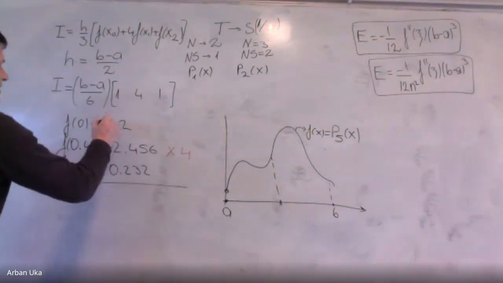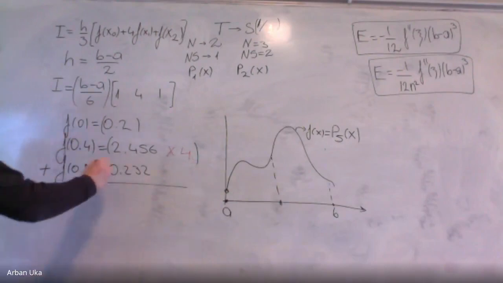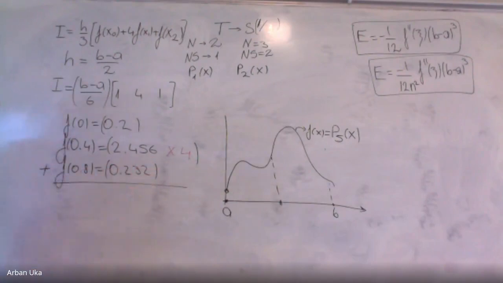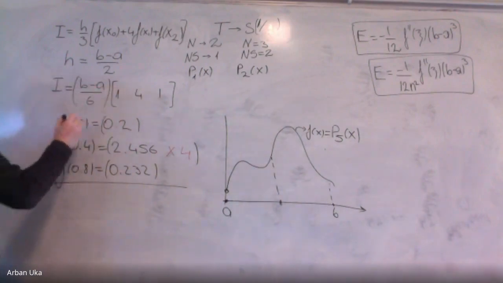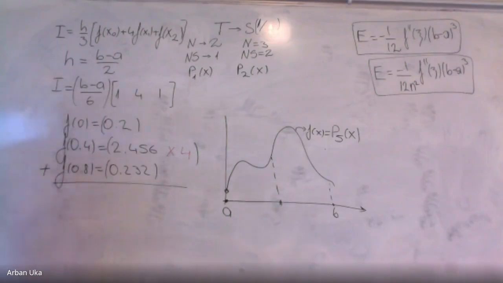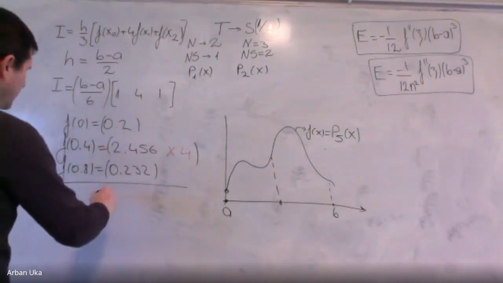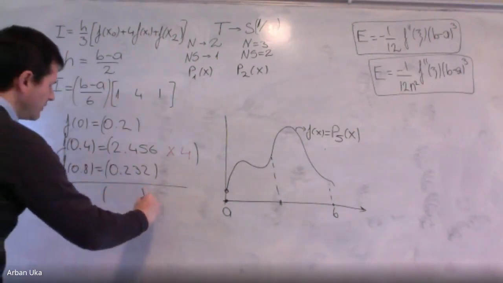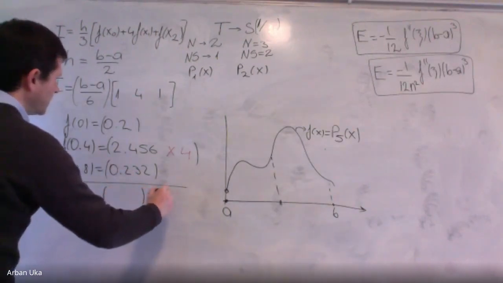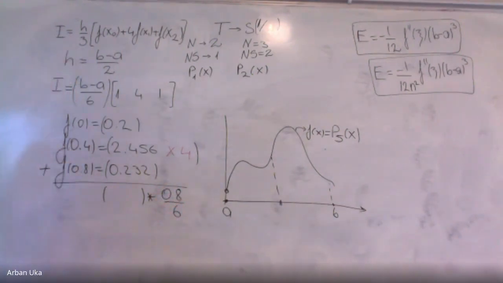So we have this 0.2 plus 2.456 times 4 plus this, and once we find the summation, we multiply with b minus a divided by 6. Okay? So b minus a, it's 0.8, so after we sum these, the total will be multiplied with 0.8 divided by 6. Okay?